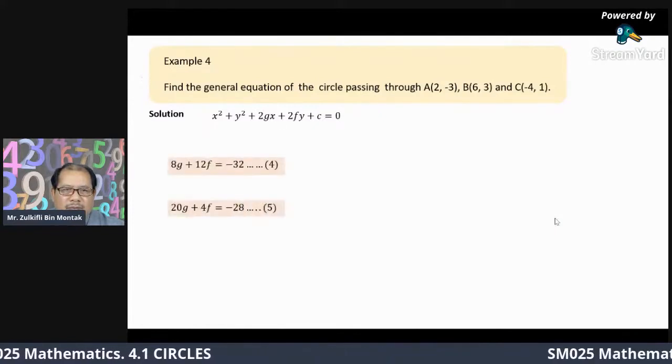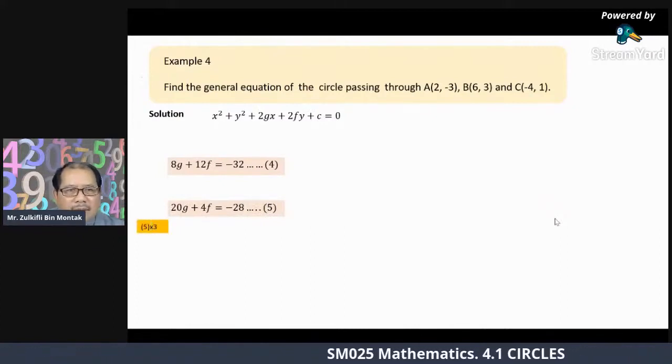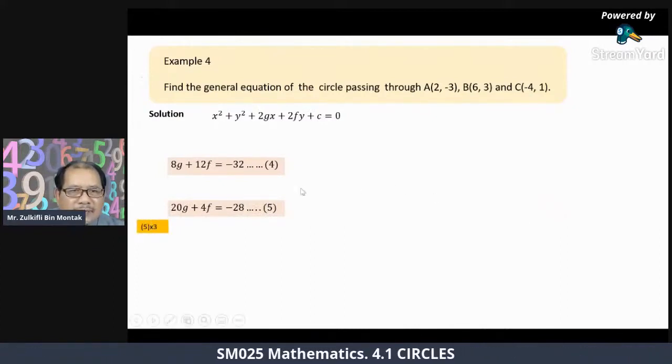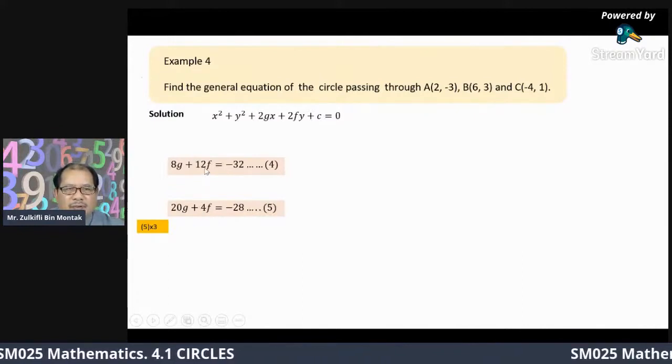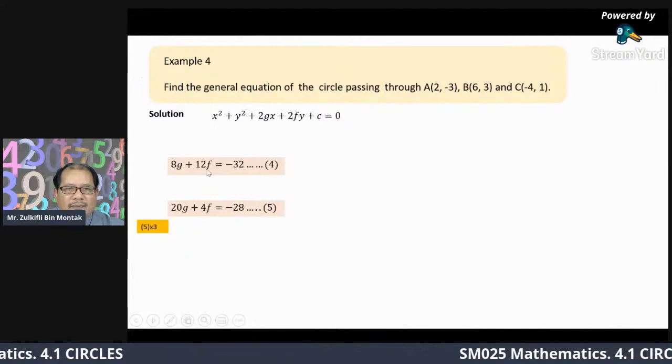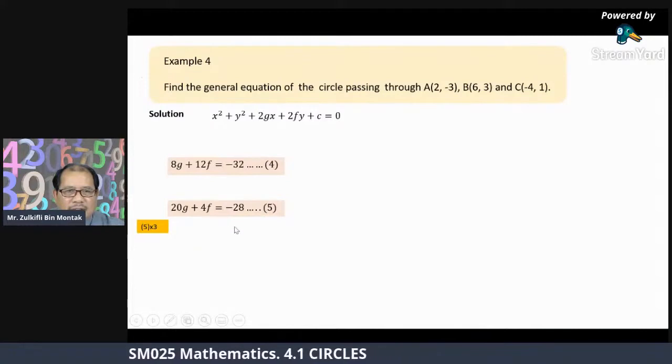This is equation number 4 and this is equation number 5. Okay, now I want to eliminate f. If you look at equation number 4, we have 12f. The coefficient for f is 12, so multiply equation number 5 by 3.